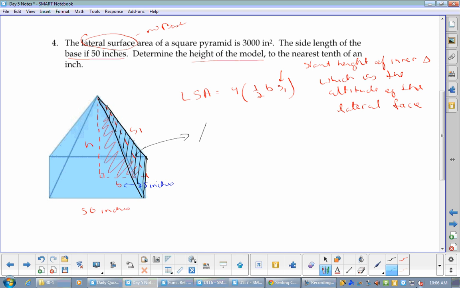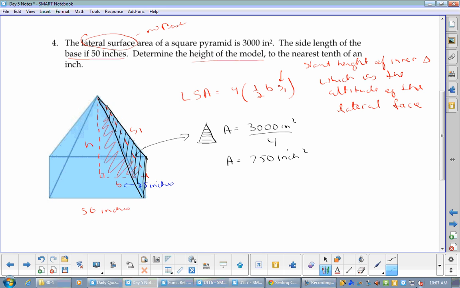So, if I wanted to find just the area of this, that would be, area would equal 3,000 inches squared, because that's for all 4 of them, and divide it by 4. So the area of just that triangle would be 750 inches squared. Does that make sense?